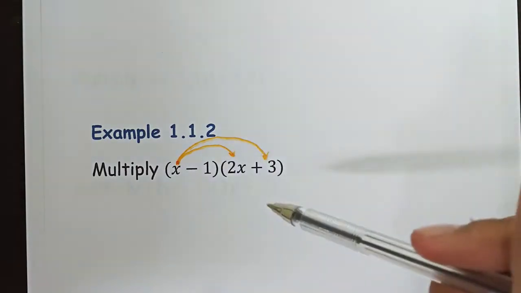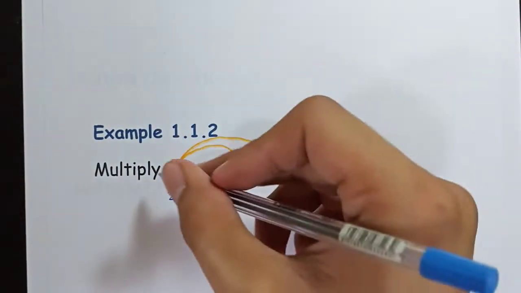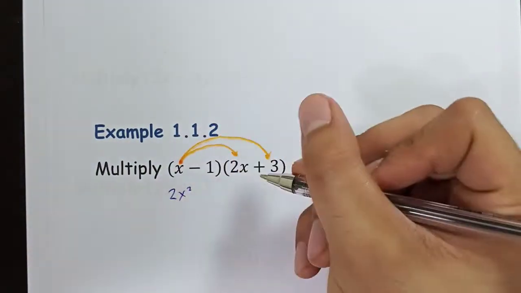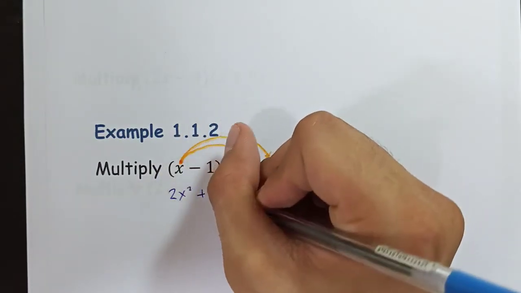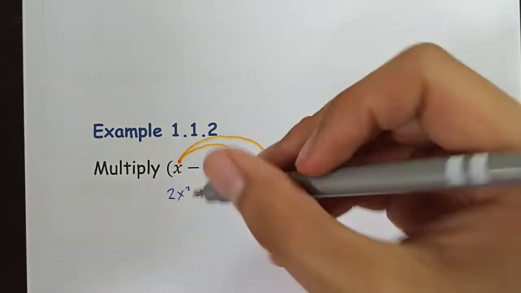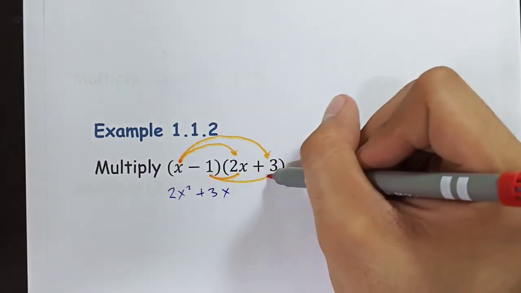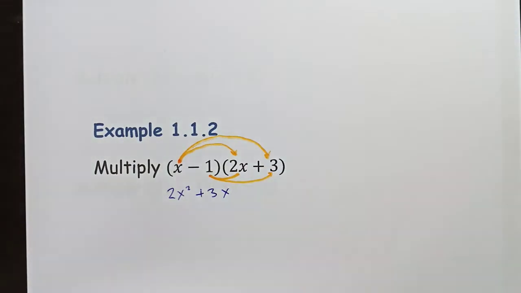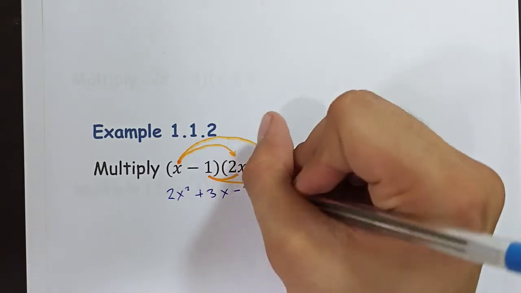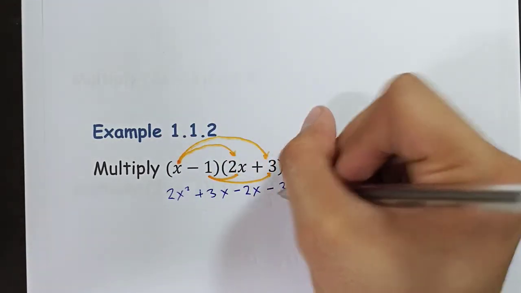So, x times 2x is 2x squared. X times 3 is 3x. Then, sunod naman is si 1. Negative 1 times 2x, then negative 1 times 3. So, negative 1 times 2x is negative 2x. Negative 1 times 3 is negative 3.